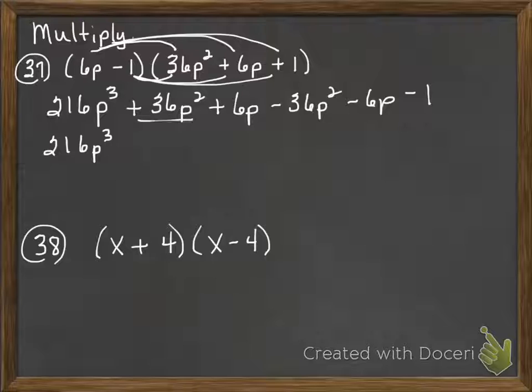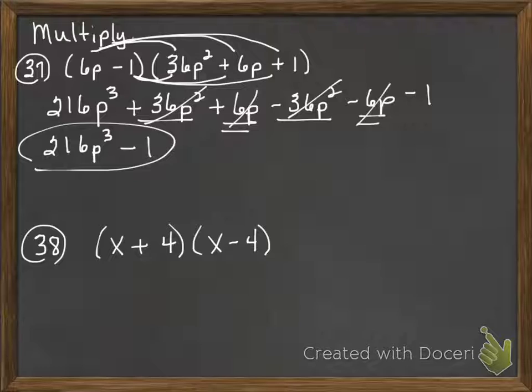I have a +36p squared and a -36p squared. Those are like terms. They're actually going to cancel each other out because one's positive 36, the other one's a negative 36. And then I have a positive 6p and a negative 6p. Those are like terms, but they're going to cancel each other out. And then I have that minus 1. So that's my answer.